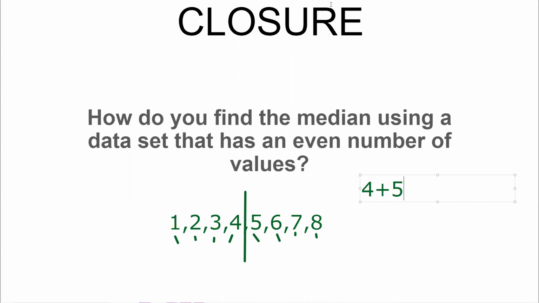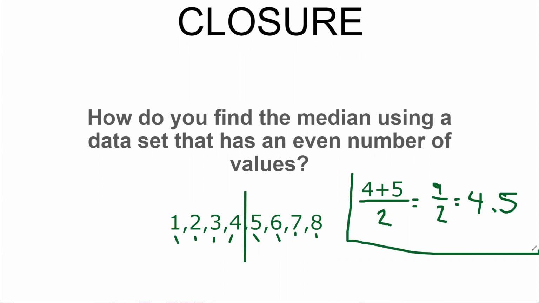Once we add those together, we are going to then divide by 2 because there are 2 numbers up there. So 4 plus 5 gives us 9. 9 divided by 2 is 4.5. And so that would be the median of this data set. And that's how you find it using even numbers, is that process right there.